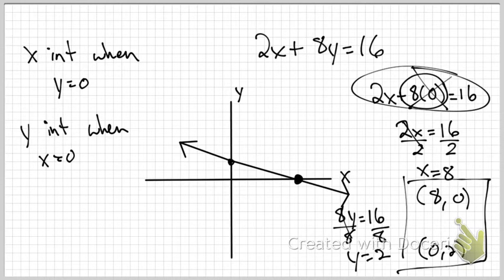This one's not situational, right? This is a theoretical line. But here's one thing I want to point out, and you're not going to have to do this quite yet, but we're going to go back up to this original equation. Watch what happens when I solve for y.